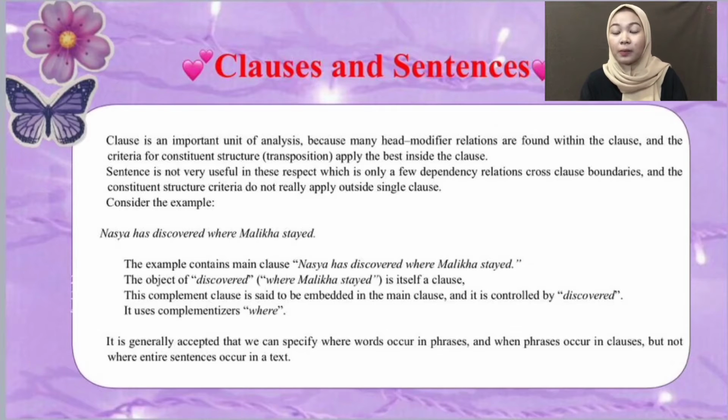Third, this complement clause is said to be embedded in the main clause, and it is controlled by discover. Fourth, it uses the complementizer where. It is generally accepted that we can specify where words occur in phrases, and where phrases occur in clauses, but not where entire sentences occur in a text.